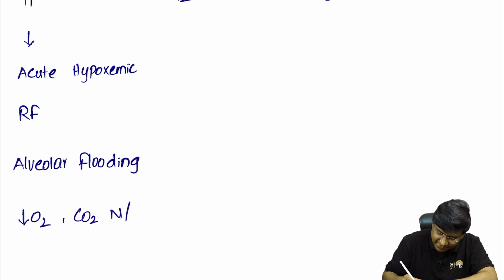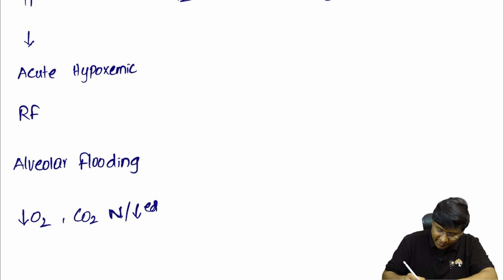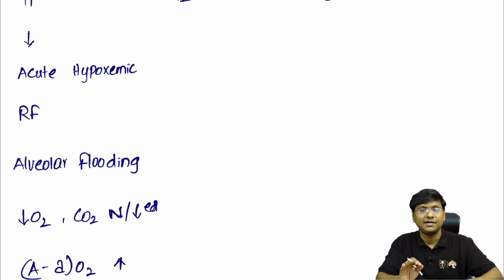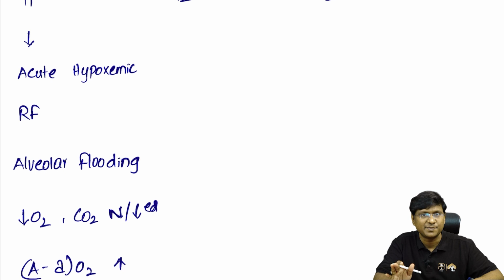The carbon dioxide levels remain normal or decreased because of increase in the respiratory rate. Next important is the A-a gradient for oxygen. A-a stands for alveolar arterial gradient, and it is increased in case of type 1 respiratory failure.